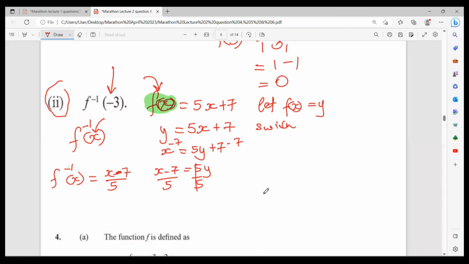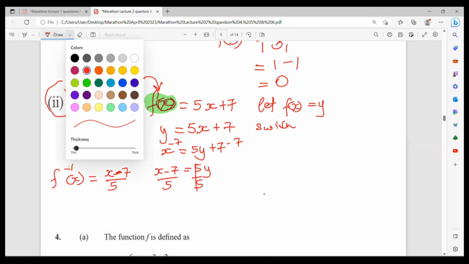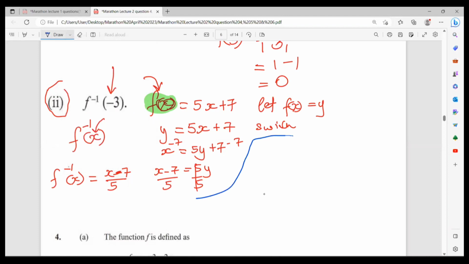So let me just mark off a part here. We want to do the inverse of the -3. So here it is.